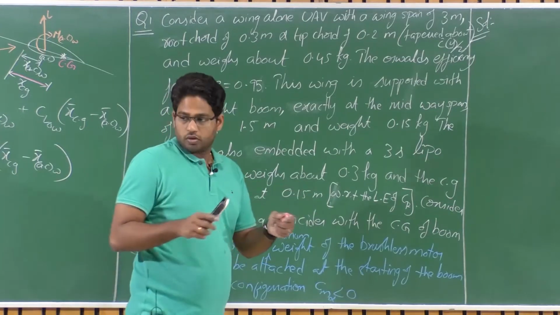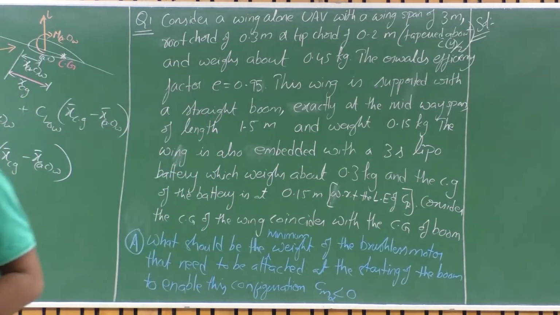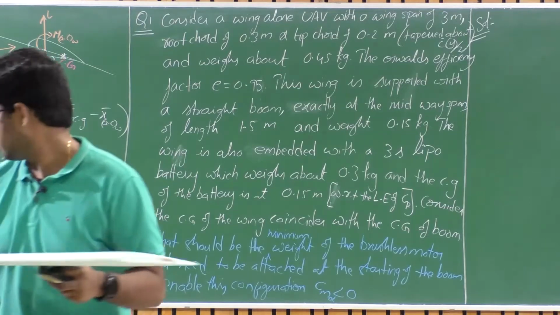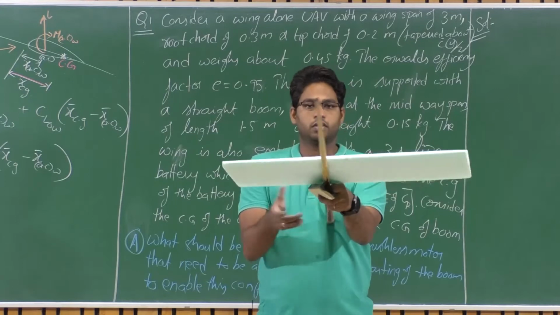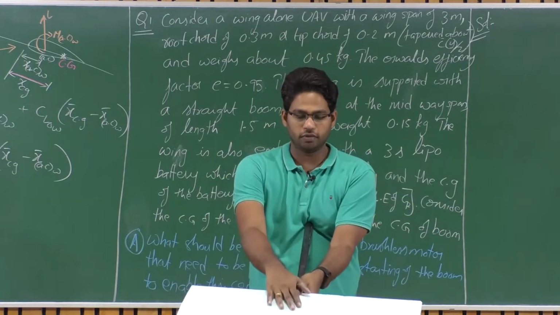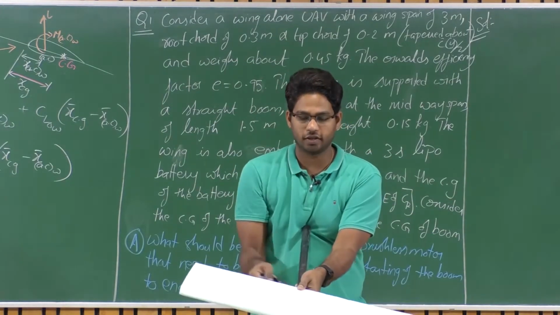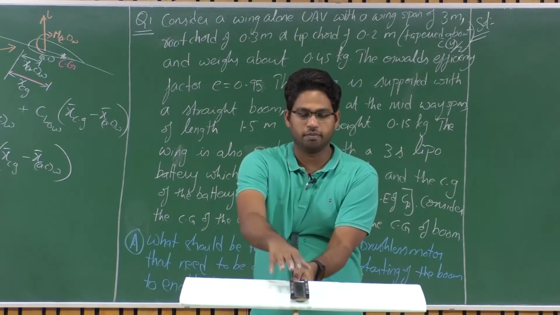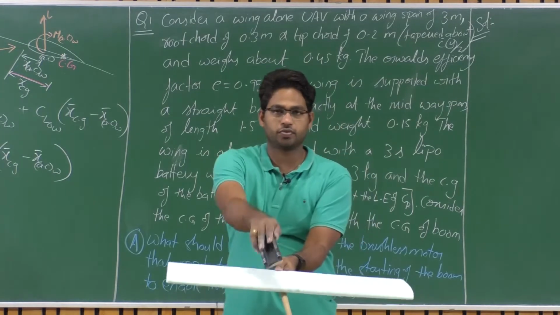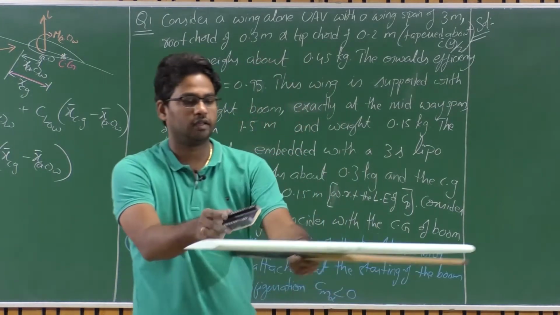Moreover, let us say we have a wing here and it is equipped with a boom. This wing is also equipped with a battery, meaning the battery is embedded inside the wing.